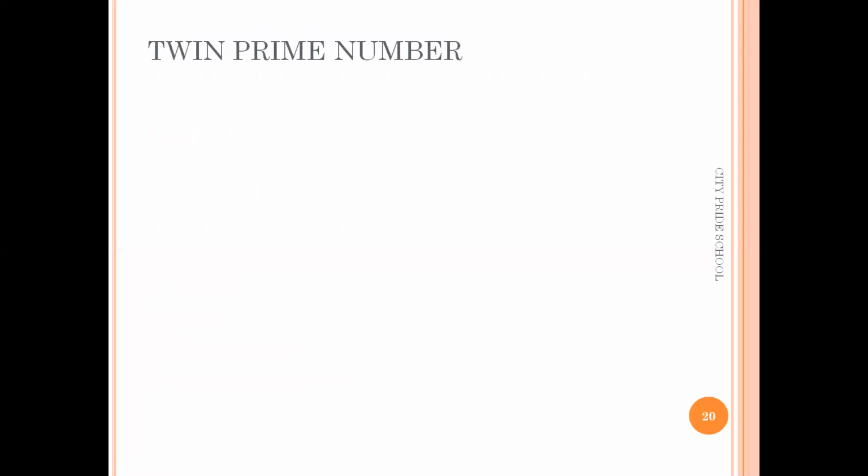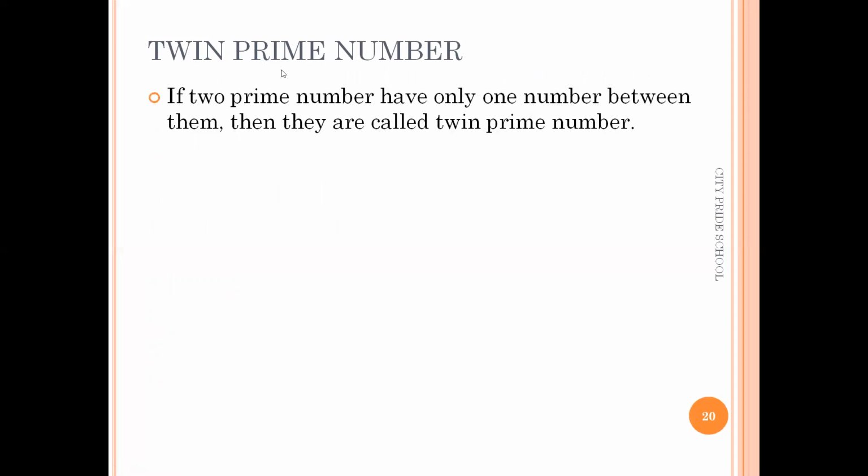Next is twin prime numbers. We have to find two numbers, twin, and both the numbers should be prime numbers. So how do we select that these numbers are twin prime numbers? If two prime numbers have only one number in between them, then they are called twin prime numbers.